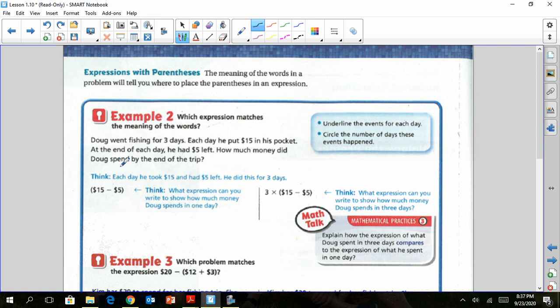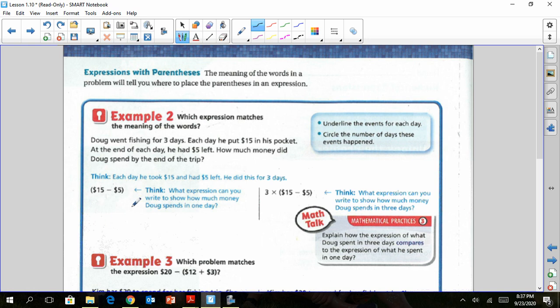At the end of the day, he has $5 left. The next day he gets up, he puts $15 in his pocket. He spends some money, he has $5 left. He does that for 3 days. So the key part here is he had $15. He takes away the $5 that he is left. So how much did he spend?